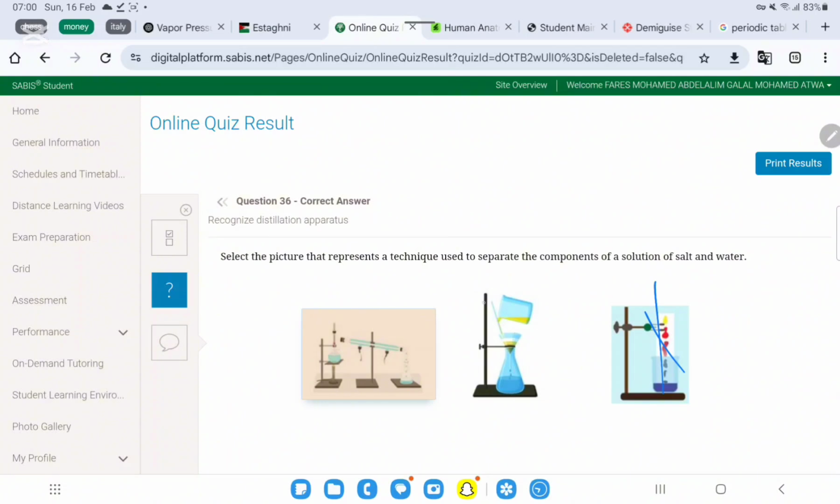A separatory funnel is for 2 liquids, water and oil, for example. So 2 liquids here, no, it's solid and water. Salt is a solid. And here is distillation. The only thing that works here is distillation, so it's correct. And these are all of the questions for chemistry week 9.